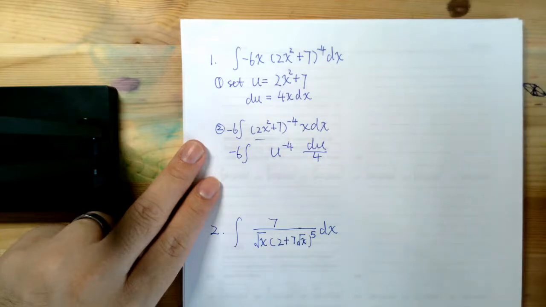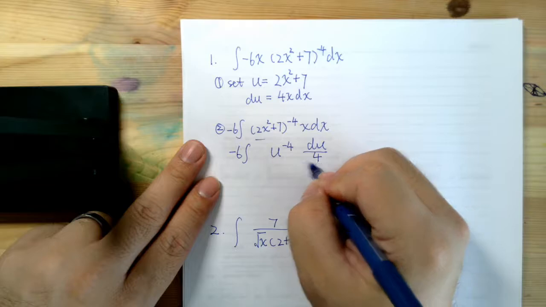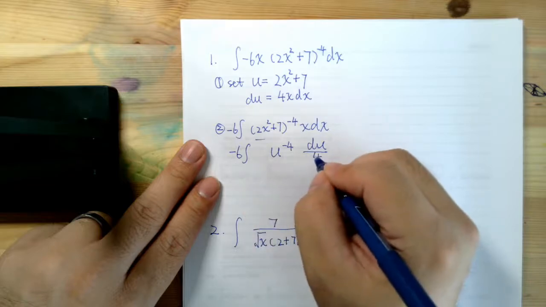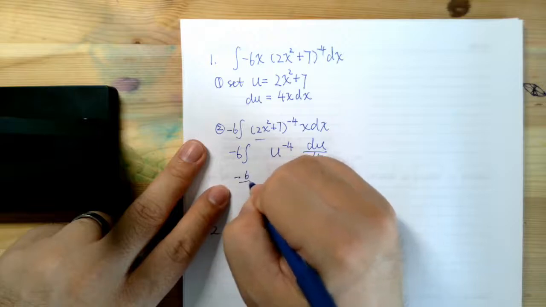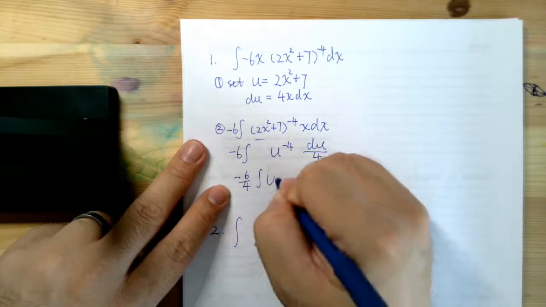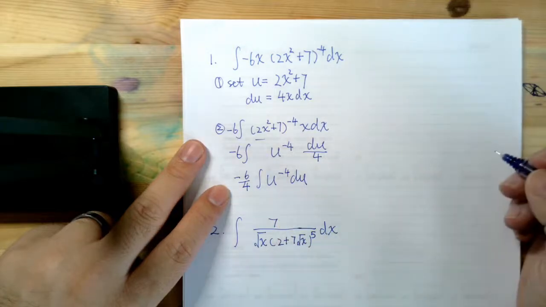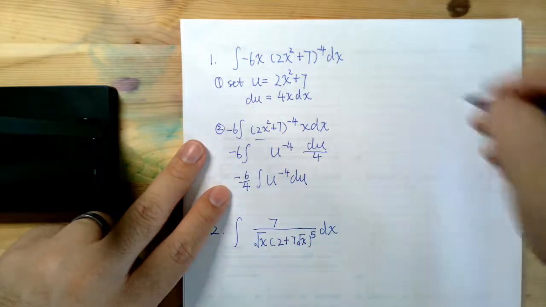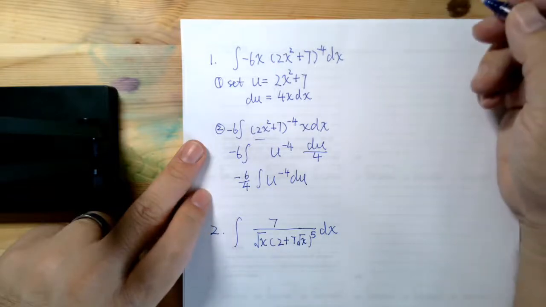Okay, so it turns out that we can also factor this 1 over 4 outside. So it gives us negative 6 over 4 times the integral of u to the power of negative 4 du. And we can follow starting from here to finish this.